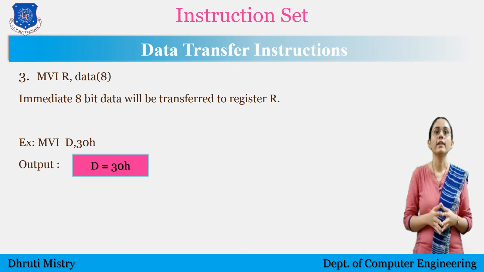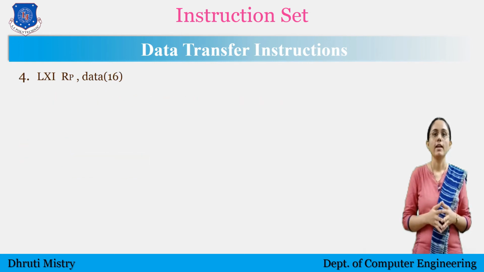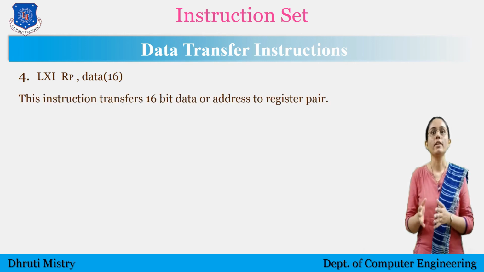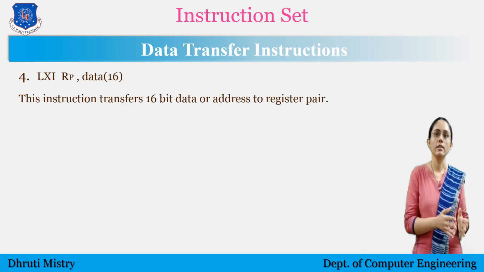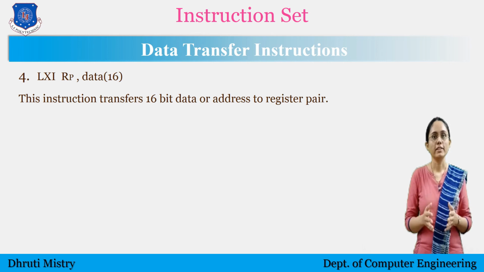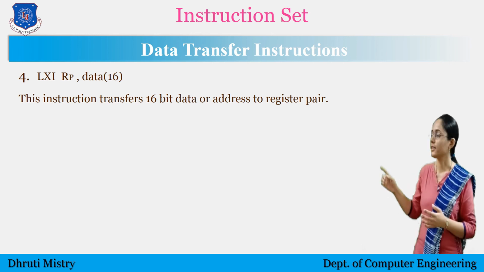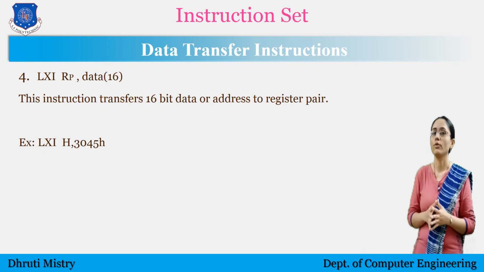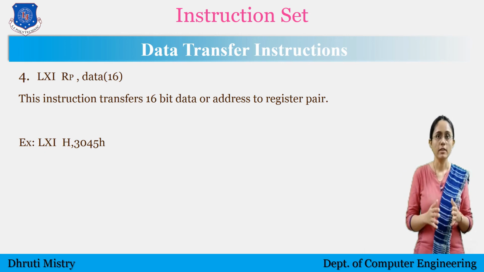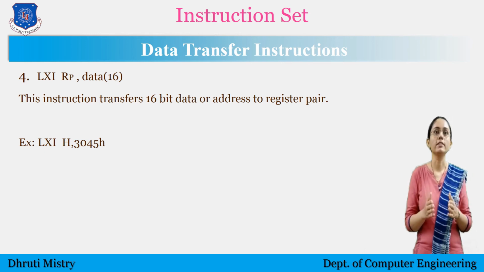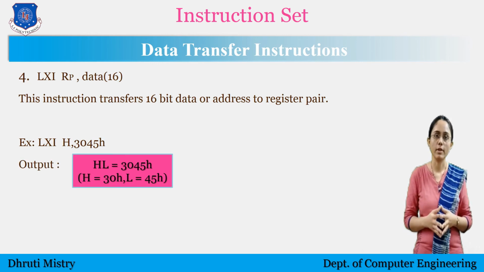Next, the fourth category instruction, that is LXI register pair, 16-bit data. This instruction transfers 16-bit data or address to the register pair. For example, if I write LXI H, 3045 hex, it means the 3045 hex address will be transferred to the HL register pair.